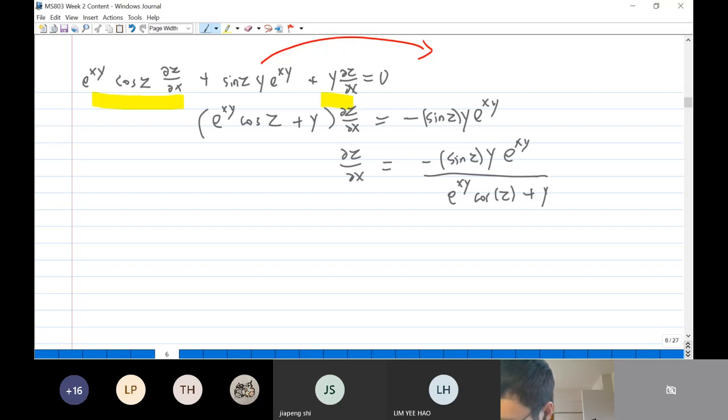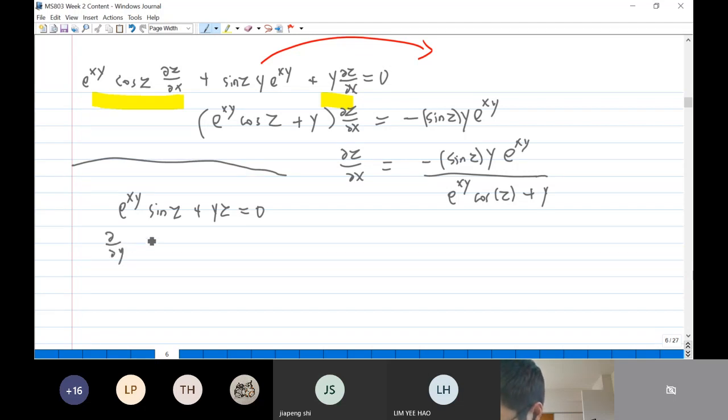So our expression is e^(xy) sine z plus yz equal 0. I want to find the partial differentiation now with respect to y. So we get e^(xy) sine z, and the other one also differentiate with respect to y.